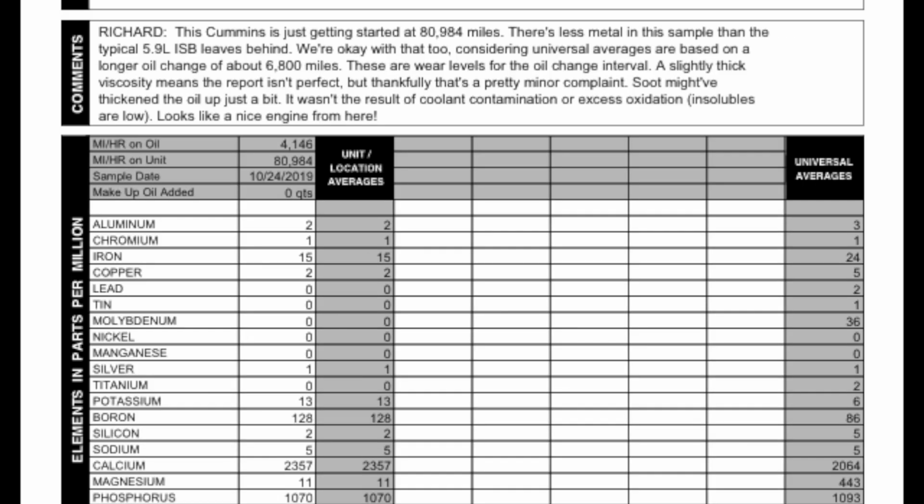So overall, it looks like my oil sample was relatively decent. According to Blackstone, this particular engine in my truck is a decent, solid engine, and most of the averages were low. They said my oil was a little bit thick, probably from diesel soot.